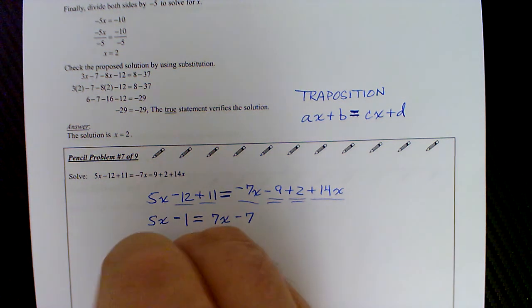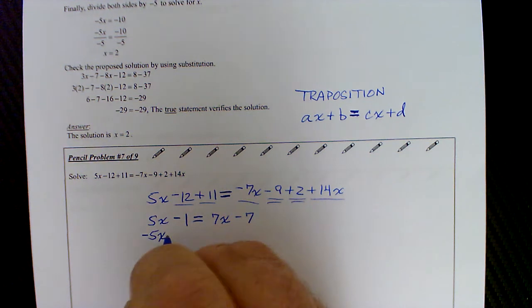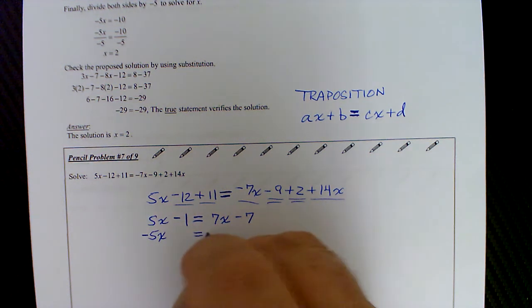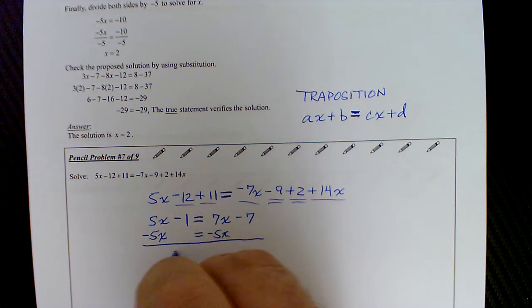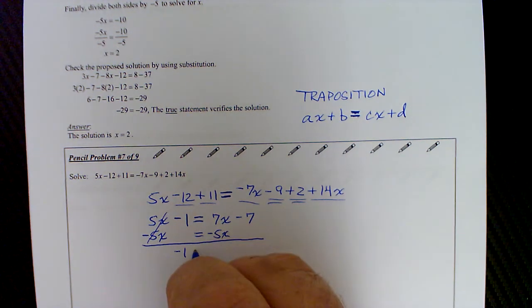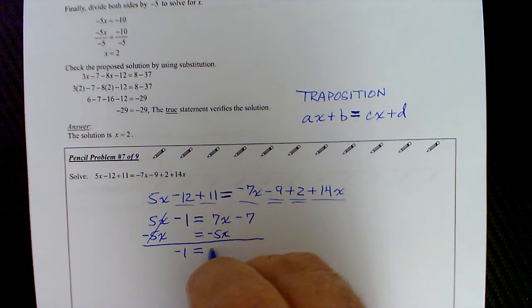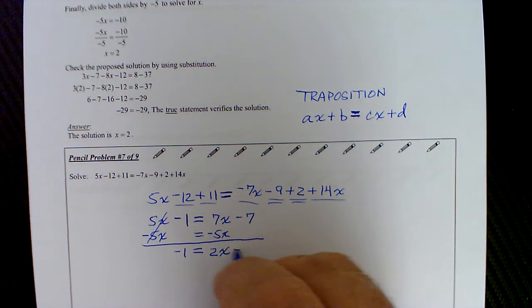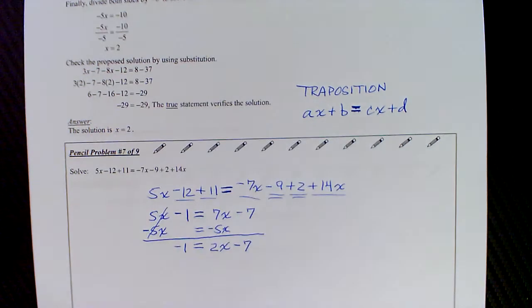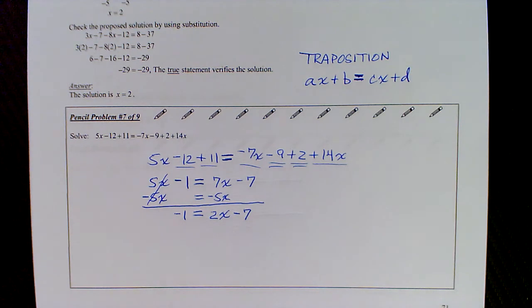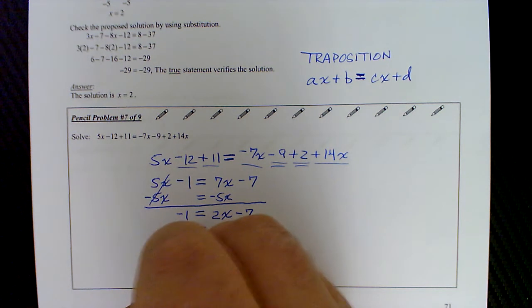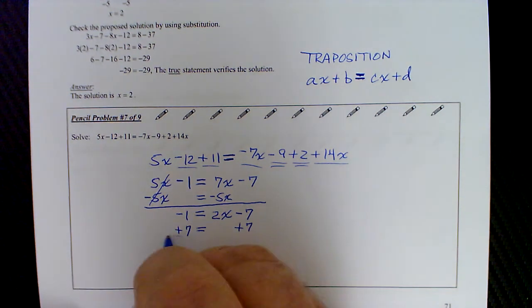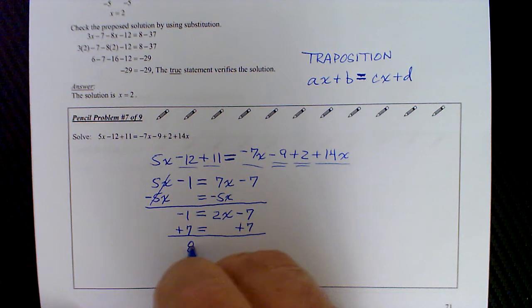So I'm going to subtract 5x from both sides, line up the equals, line up the like terms, bring down the negative 1, these are gone, bring down the equals, 7x minus 5x is 2x, bring down the negative 7, and now it's a two-step problem. So add the 7 to both sides, and we have 8 equals 2x, and then finally divide by 2.